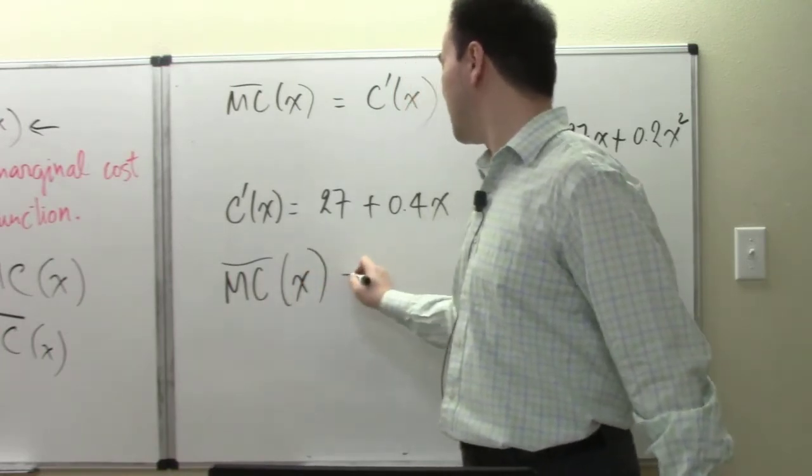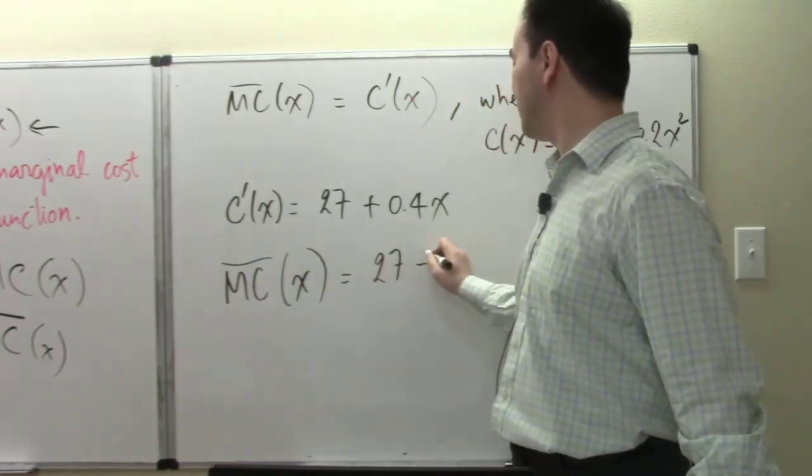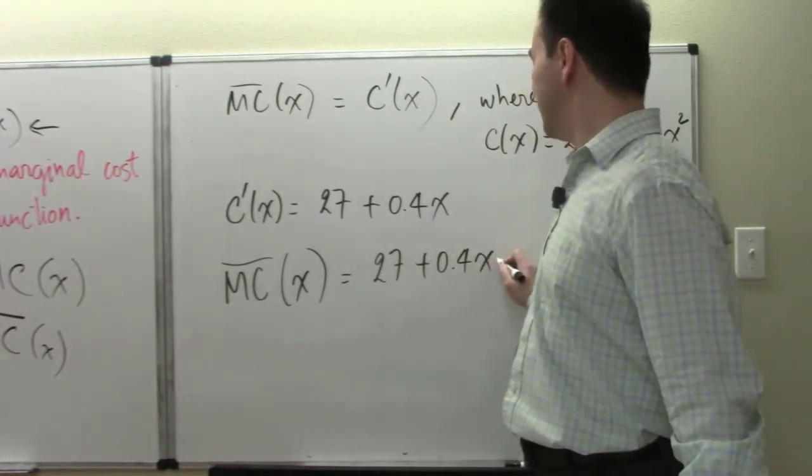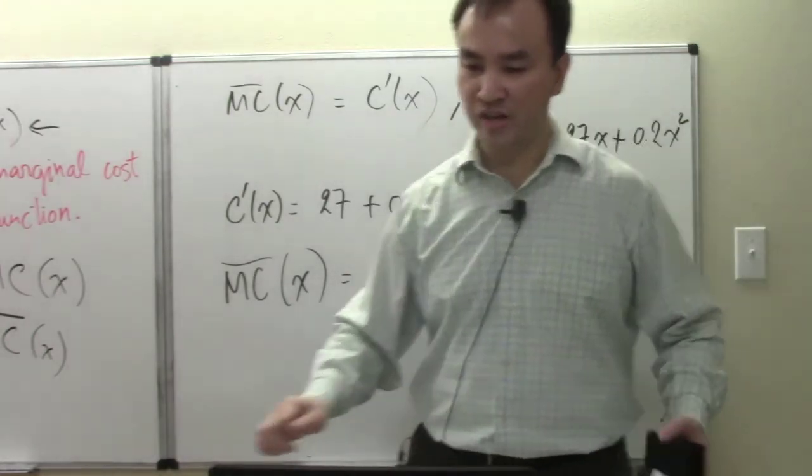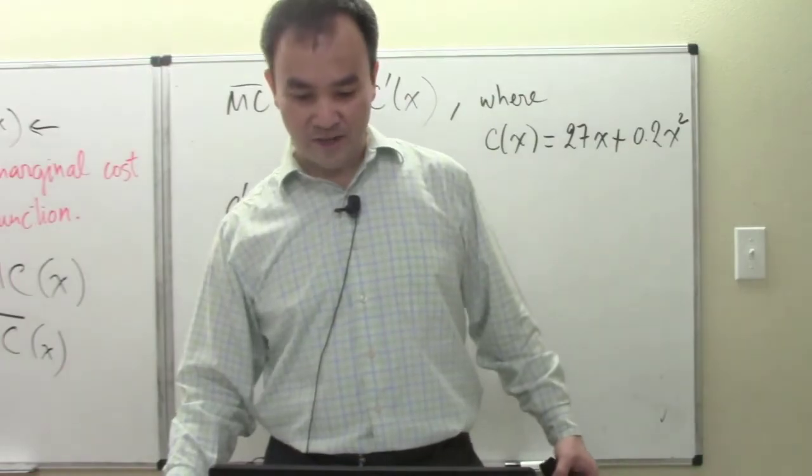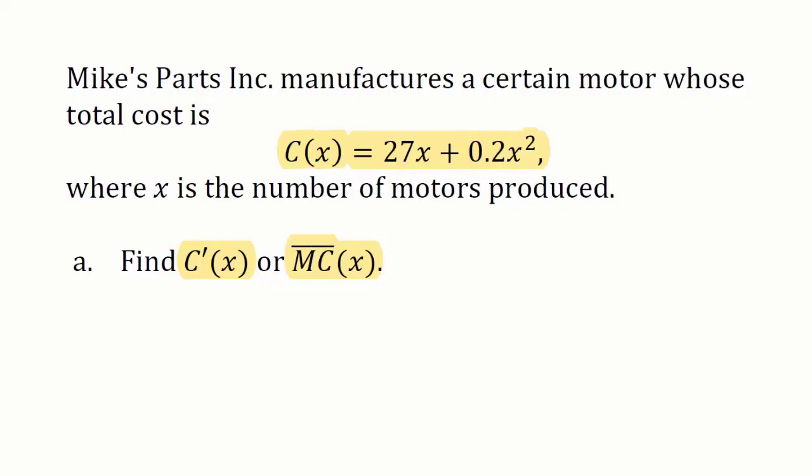So the marginal cost function is 27 plus 0.4x. Be aware that I introduced the question worded completely symbolically. People might even give you a question completely in words, so instead of finding C prime or MC bar, they can just ask you to find the marginal cost function.